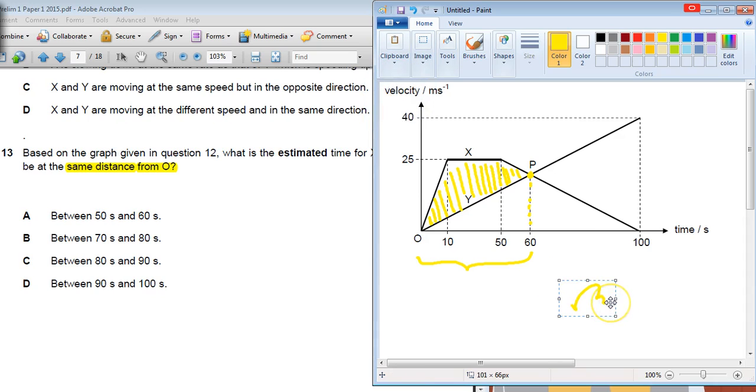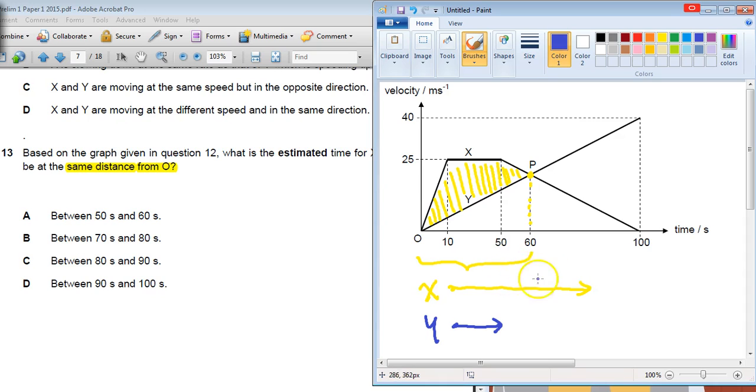So I remove this bit here. I will use yellow to represent x, and then I will use blue to represent y. What happened from 0 to 60 is that x must be leading over here, and y has only covered until here, at the 60.